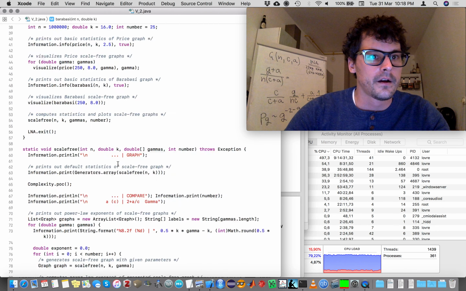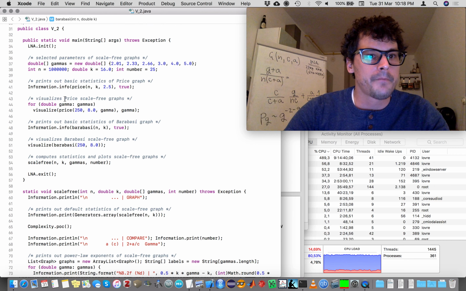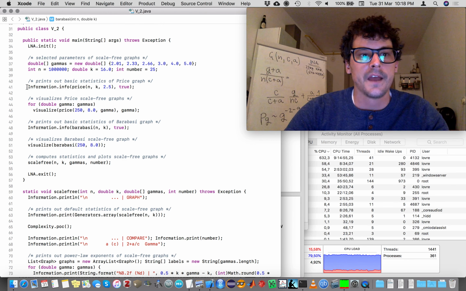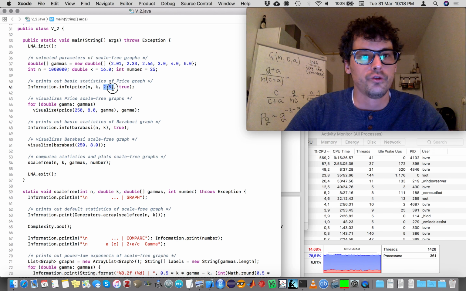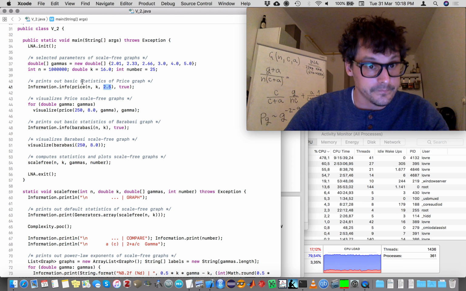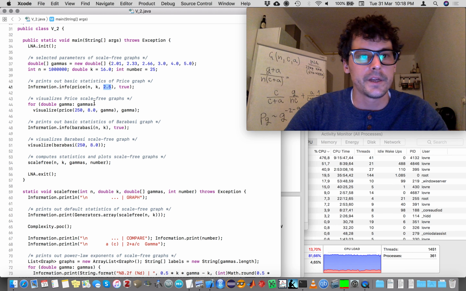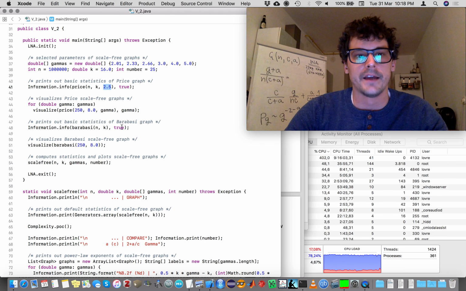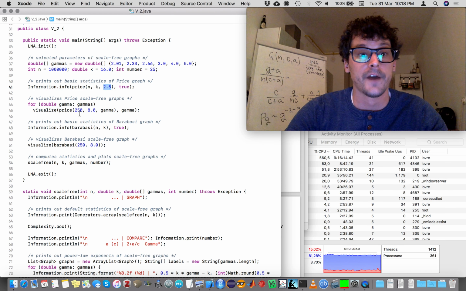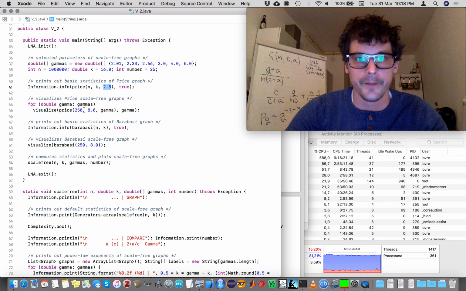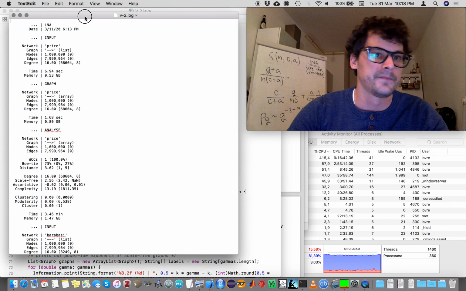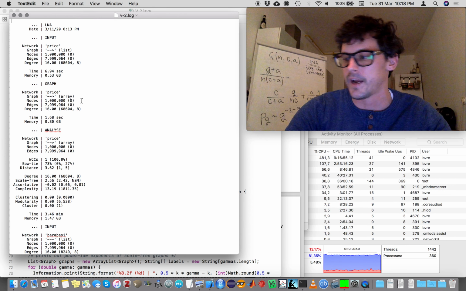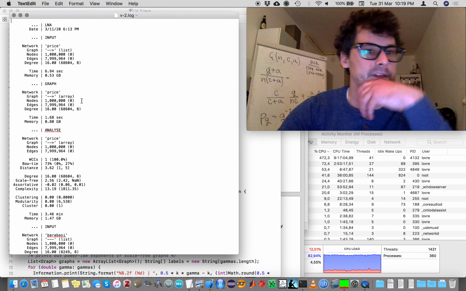So if we look at the beginning, what I do is I first generate a Price model with parameters k, so the average degree is 16, and gamma 2.5. I print out its properties and also visualize a small variant of this network. So let's look at that. I will not be running the code because it takes more than 15 minutes, and let's not bother with that.